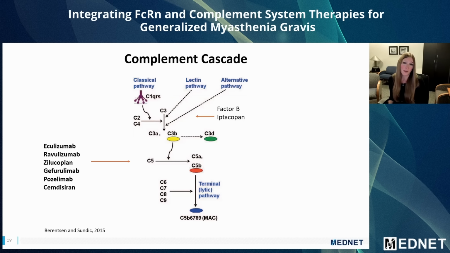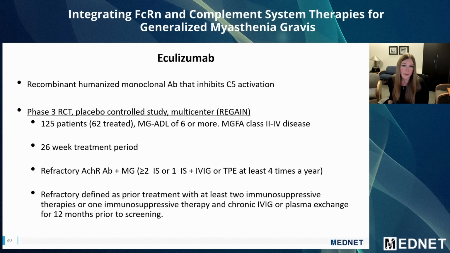And then we have one in clinical trials, iptacopan, which targets factor B in the alternative pathway. So to give an overview, keep in mind route of administration, frequency of treatments, and side effect profiles that will help guide you with choice of treatment.